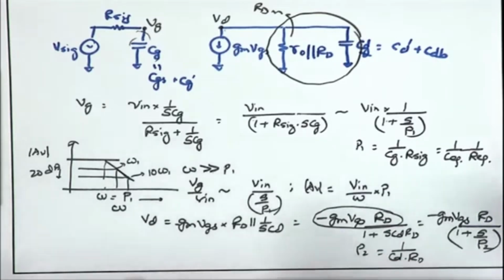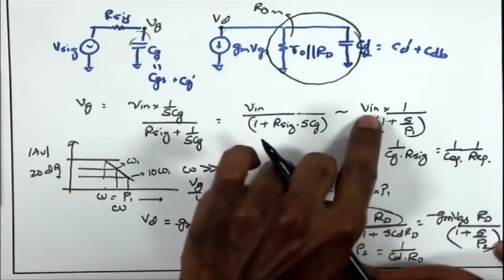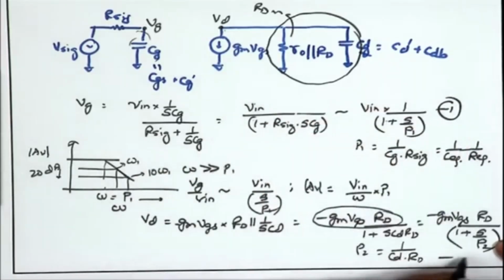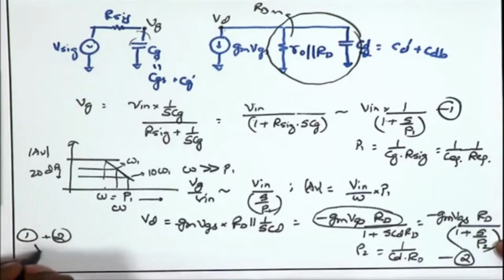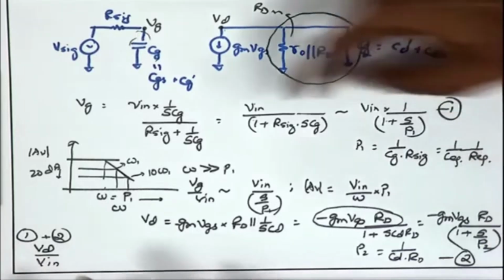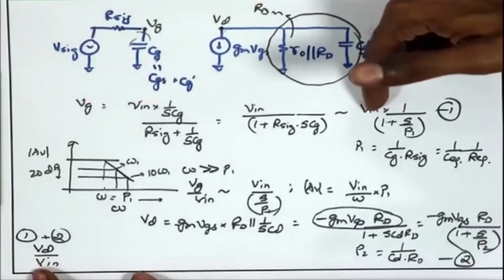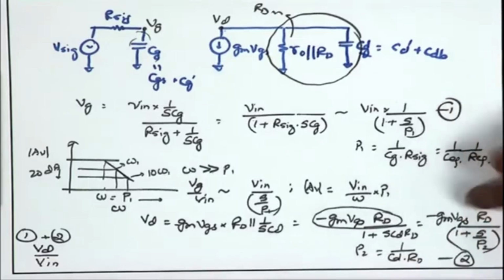Now I can combine this with the Vgs expression that we obtained earlier. Vgs as a function of V in we have already obtained. If I combine equation 1 and equation 2, I get Vd upon V in, which we are interested in. The first equation gave me Vg as a function of V in, the second equation gave me Vd as a function of Vg.